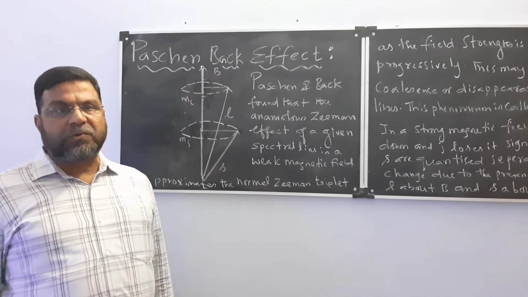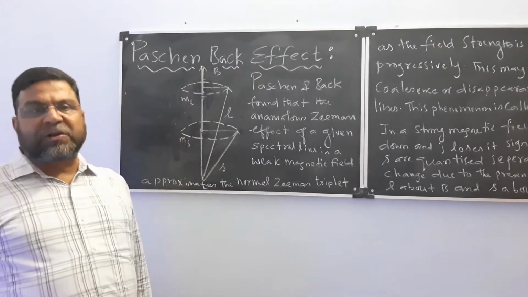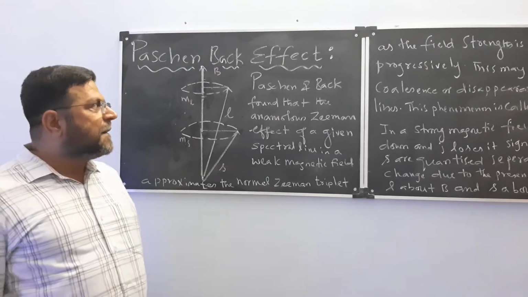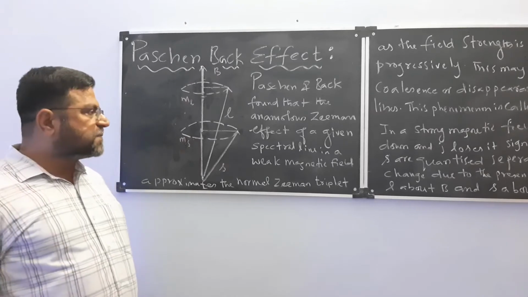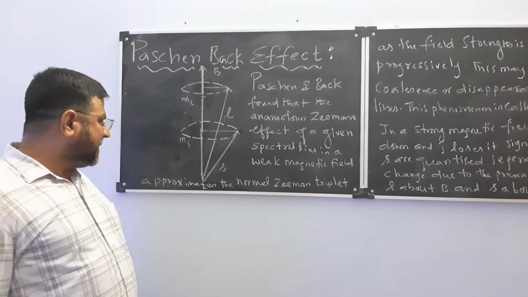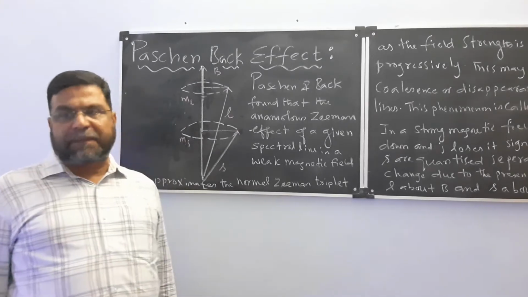Now we are going to see what is meant by the Paschen-Back effect. This is the name of two scientists, Paschen and Back. Paschen and Back found that the anomalous Zeeman effect of a given spectral line in a weak magnetic field approximates the normal Zeeman triplet.